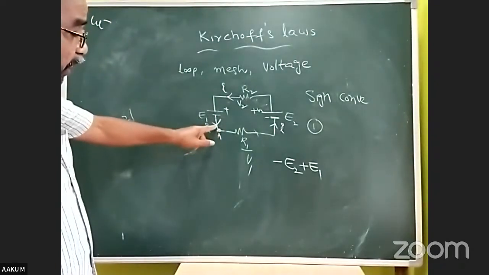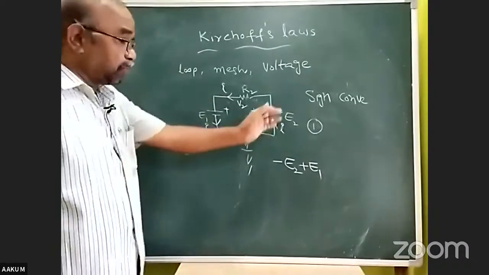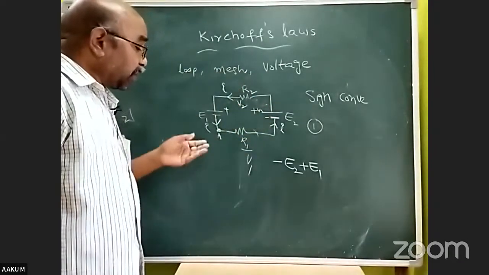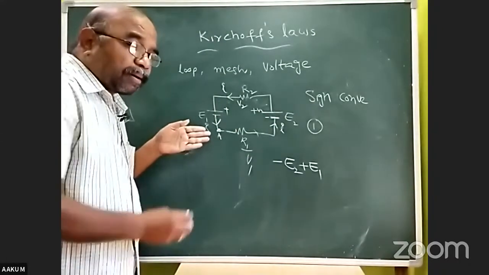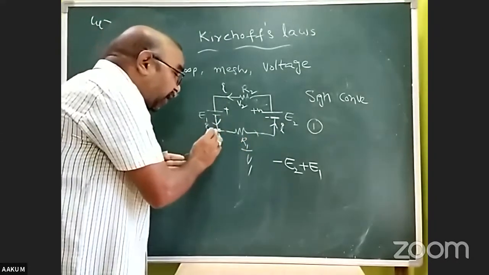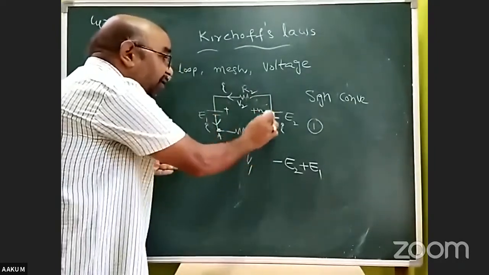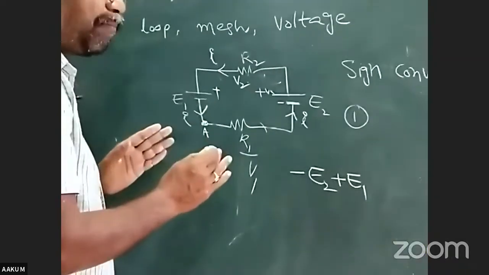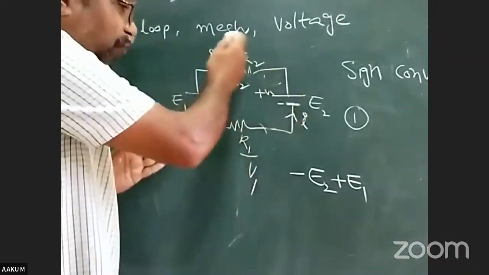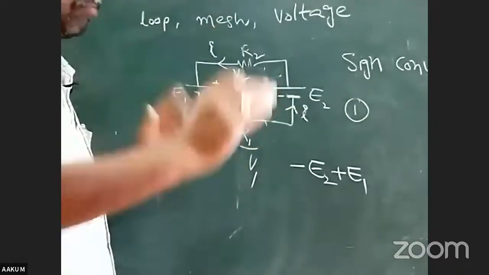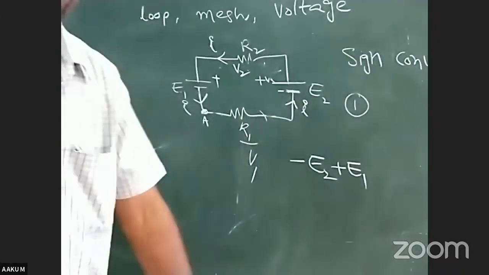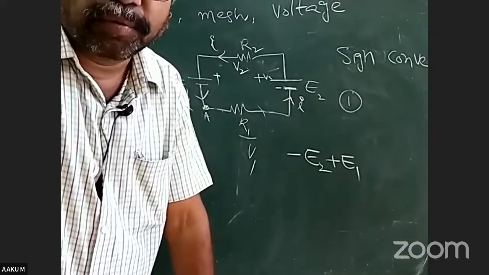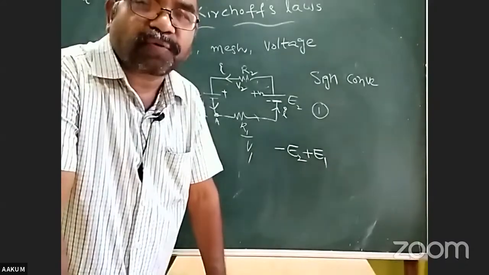If we are solving the circuit with Kirchhoff laws and traveling in the direction of current, all the potential drops we come across in the direction of flow of current are taken as negative. Once again, all the potential drops are taken negative if we travel in the direction of current.